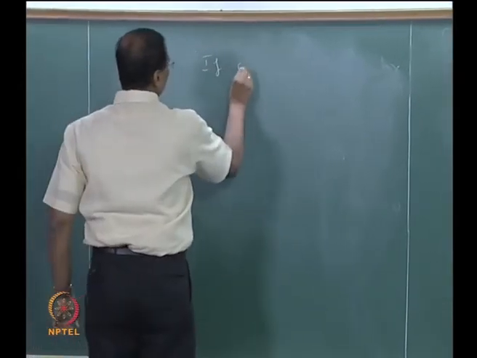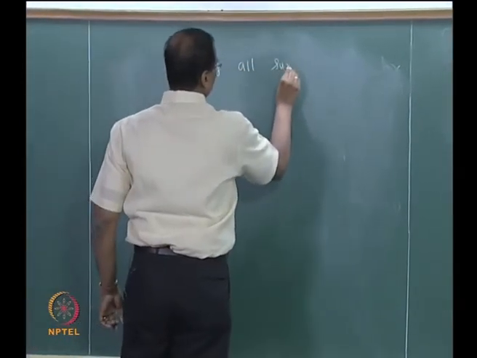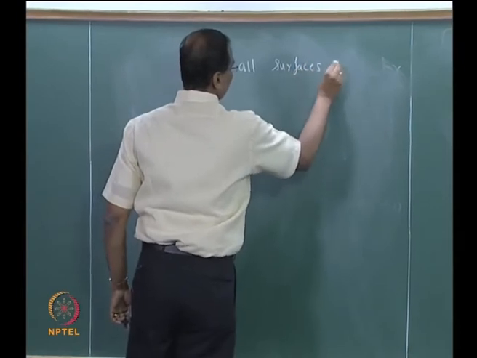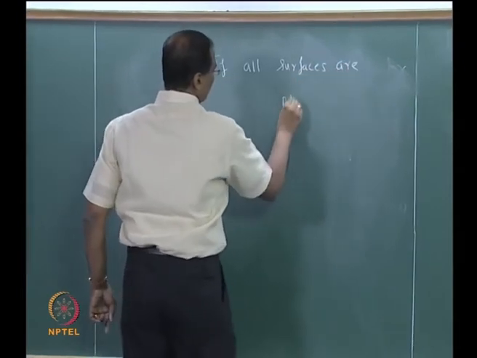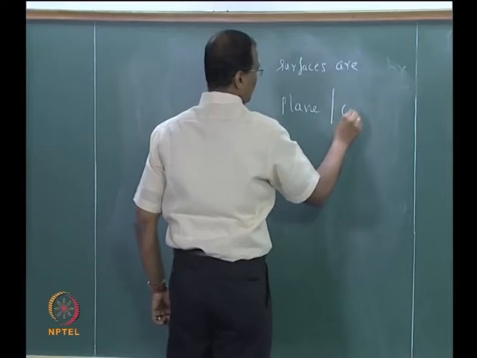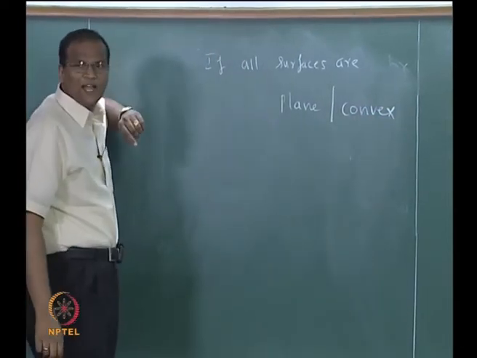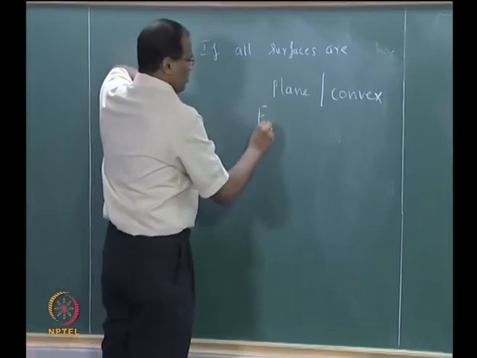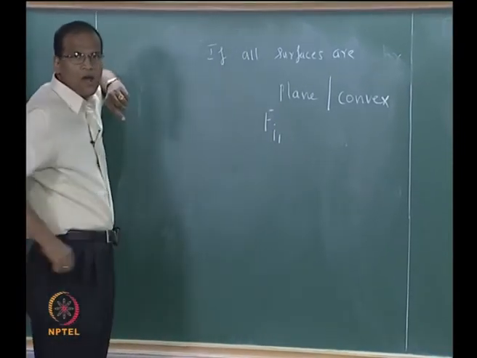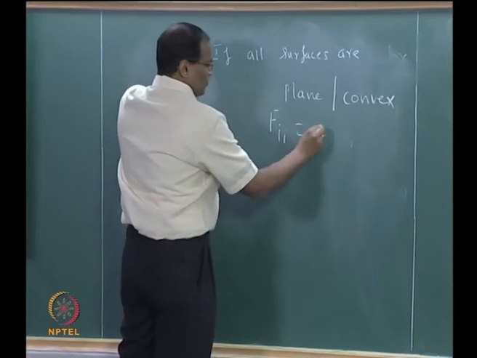Now let us look at it: if all the surfaces are plane or convex, what will this Fii be? 0, okay.